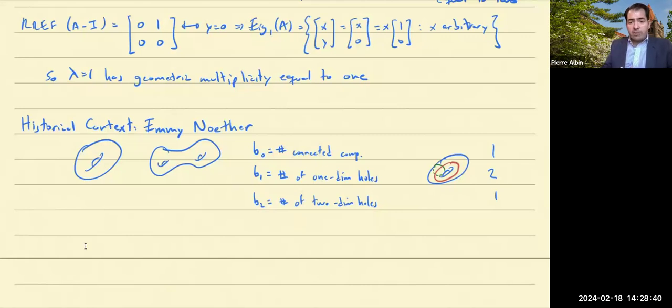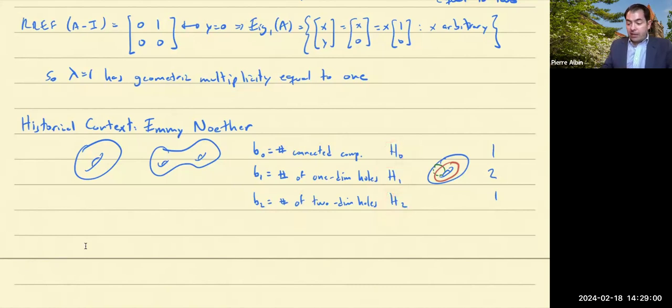Whereas Noether came up with the idea that instead of keeping track of just these numbers, you should keep track of the vector space of chains. So instead of looking at B0, you should look at H0, H1, H2. And these are now vector spaces. Well, they're vector spaces when you're working with real coefficients anyway.